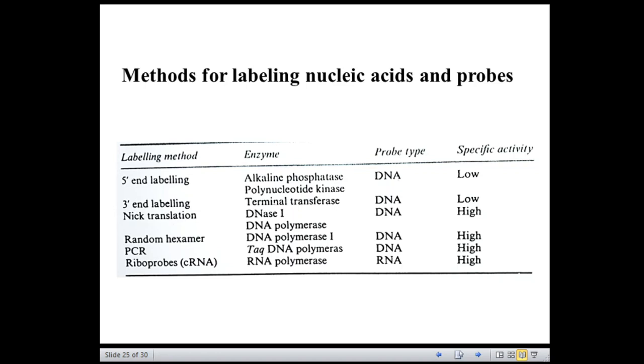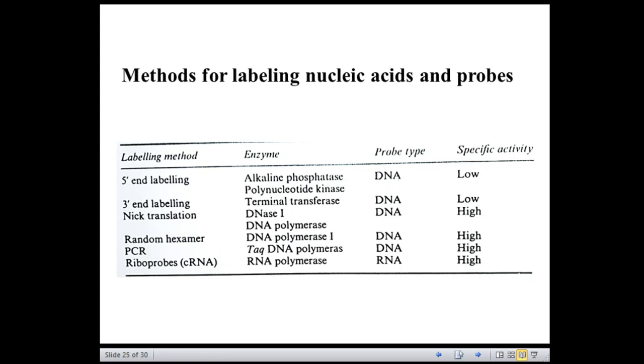These labels may be detected by a process which is commonly called autoradiography, where the labeled probe molecule bound to the target DNA or the sample DNA located, for example on a nylon membrane, is placed in contact with an X-ray sensitive film.